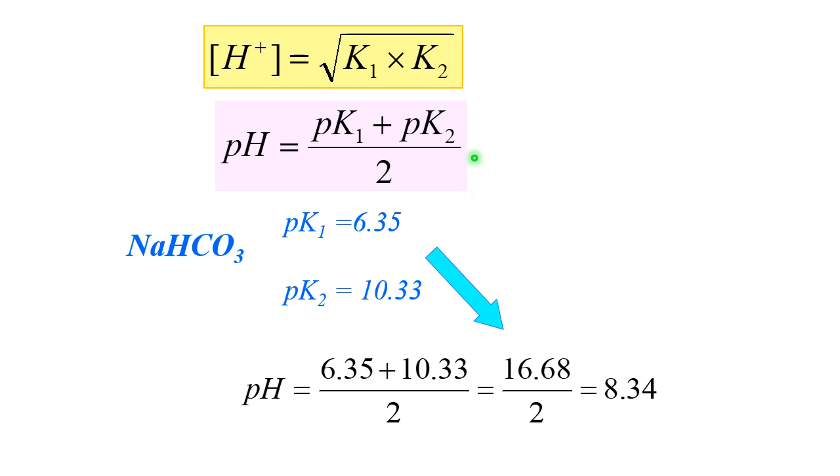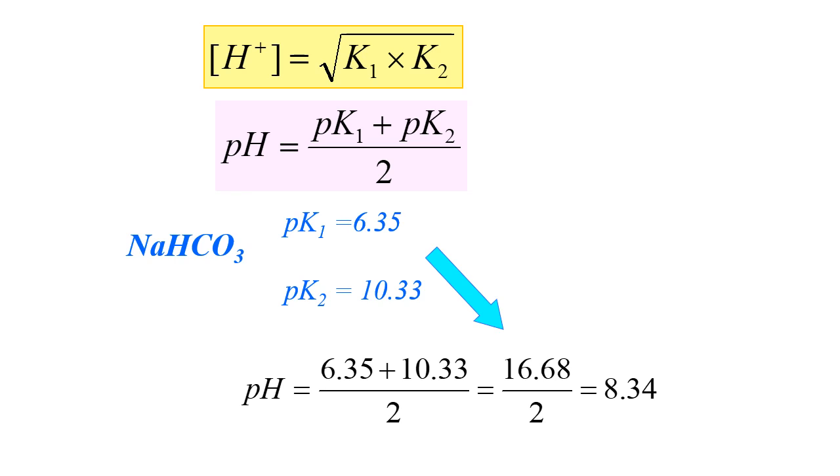We did lots of approximations, but this is sufficient for our purpose. So we have pK1 6.35 and pK2 10.33. Taking the average of these two, I have pH 8.34.